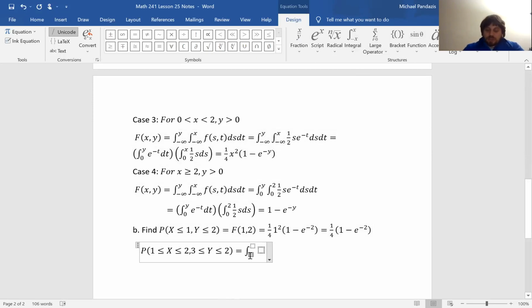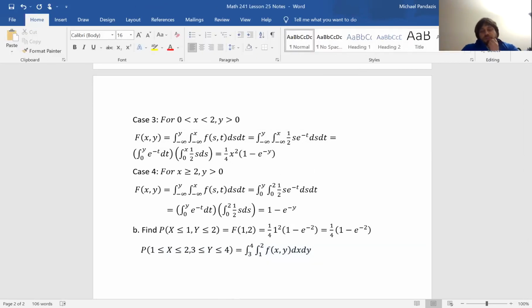On the outside, we're going to integrate with respect to y, from 3 to 4, and then the integral with respect to x is going to go from 1 to 2. And so we have f of x comma y dx dy.